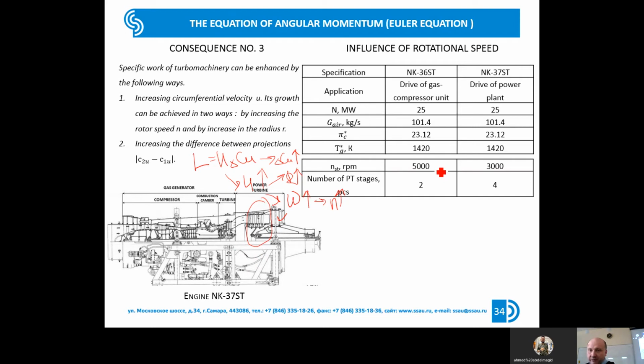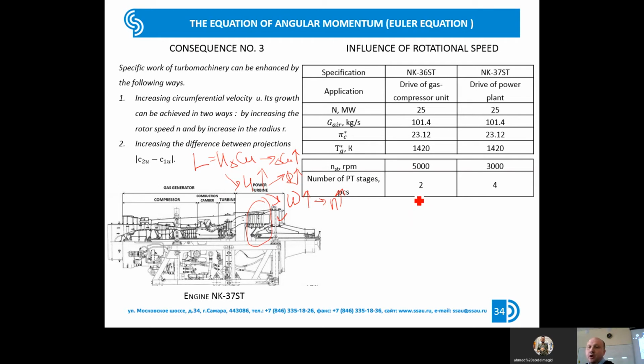Here we have a rotational velocity of 5,000 rotations per minute. Here we have 3,000 rotations per minute. It means that in the case of the NK36ST, the circumferential velocity will be much higher because the rotational speed is higher. And it means that the specific work which you can extract using one stage is higher in the NK36ST.